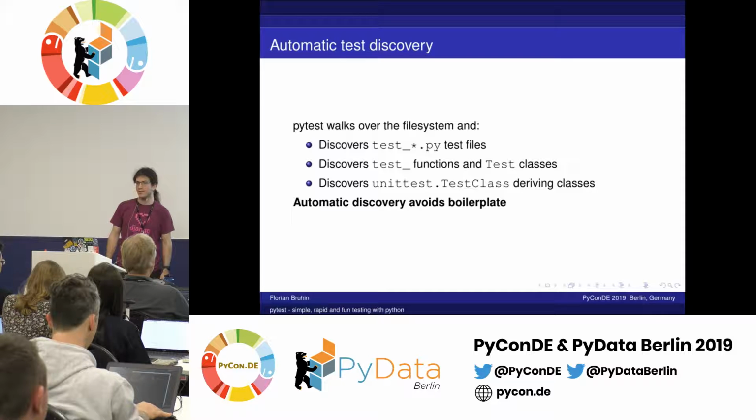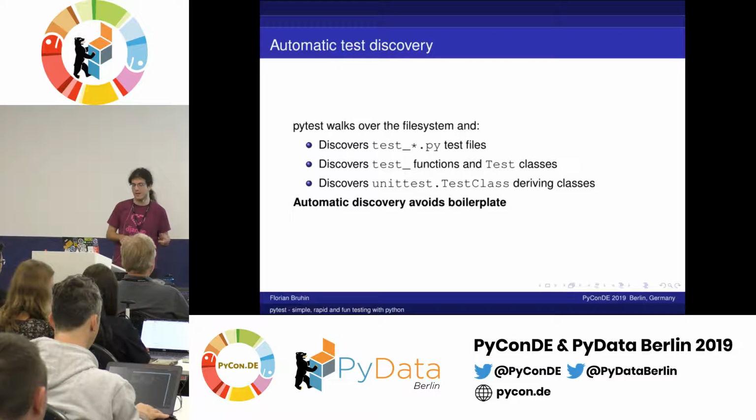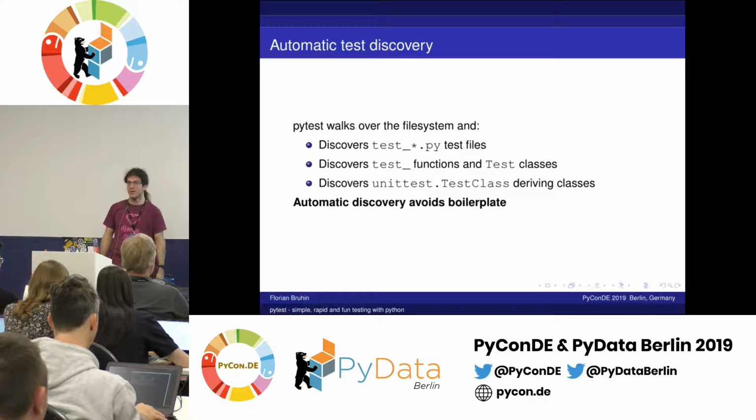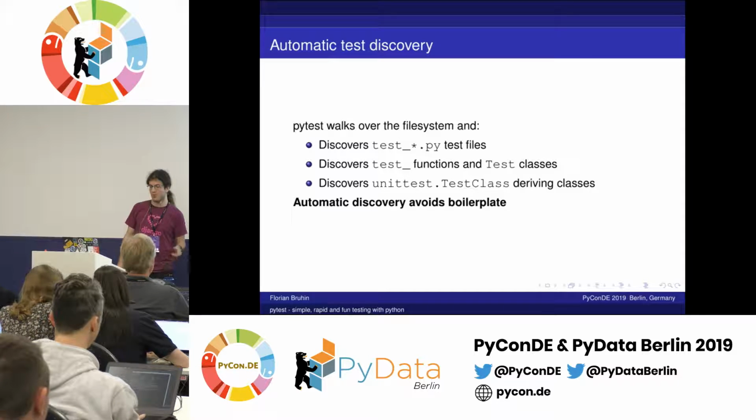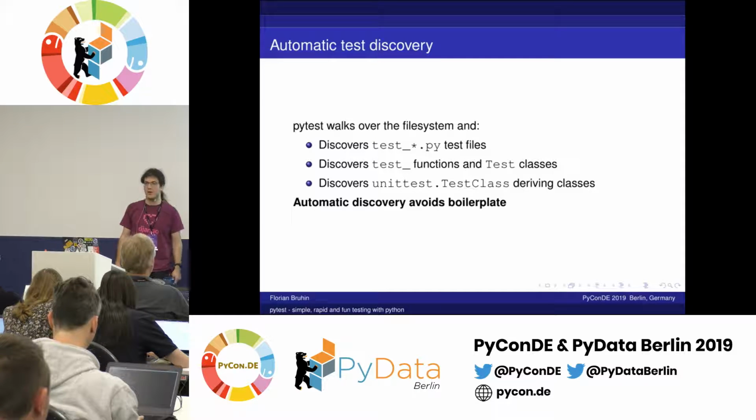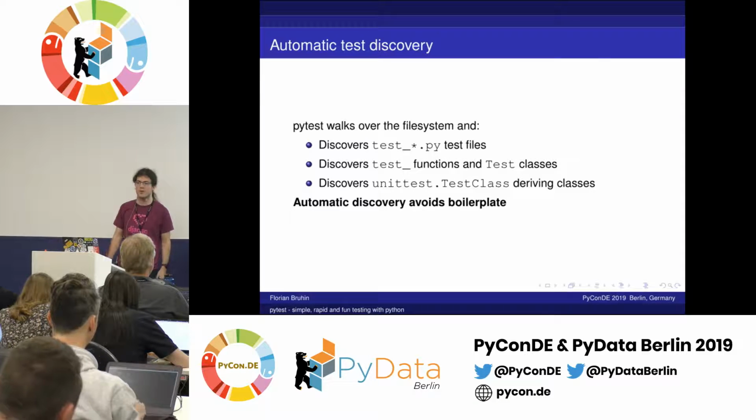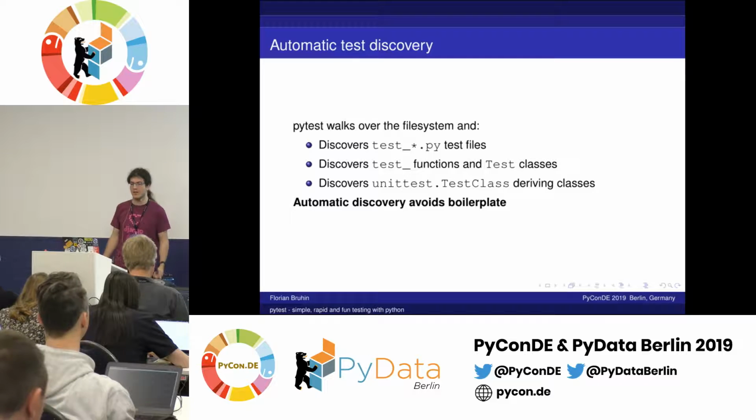It looks at any files starting with the test_ prefix, so test_anything.py. In there, it searches for functions and classes which start with test_ or Test, and also any classes which derive from unittest.TestCase, so the standard unit test way of writing tests with the Python standard library.